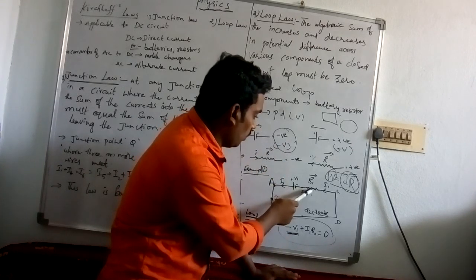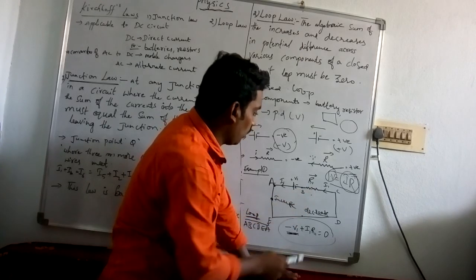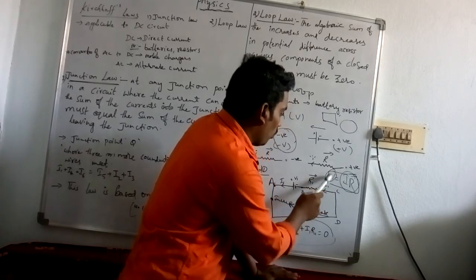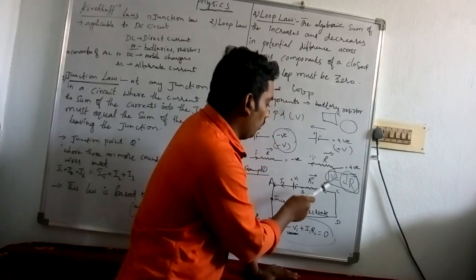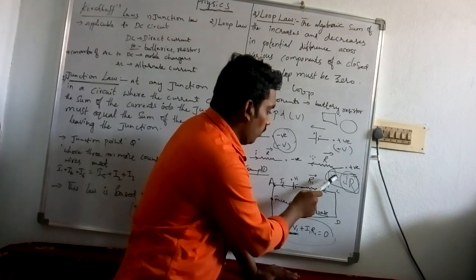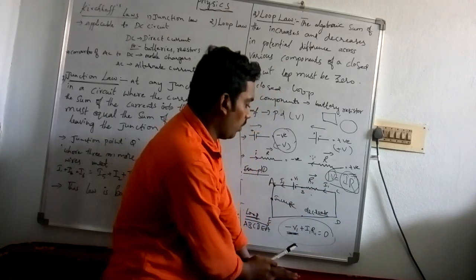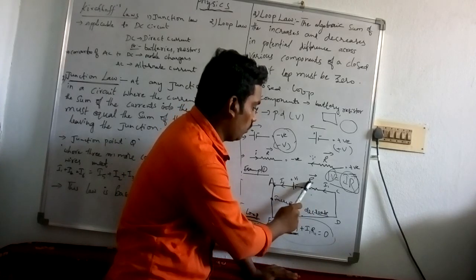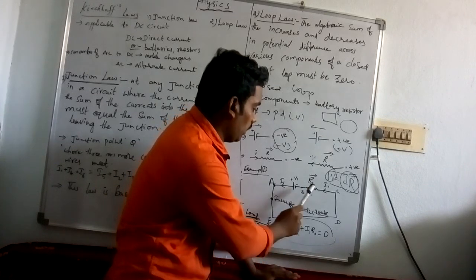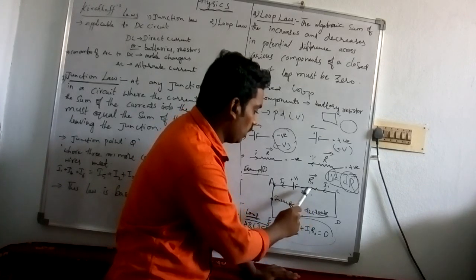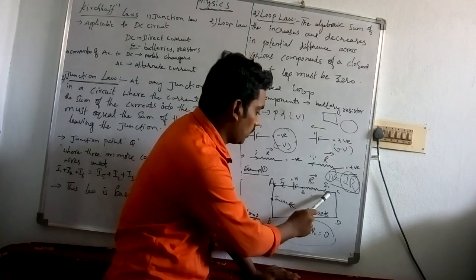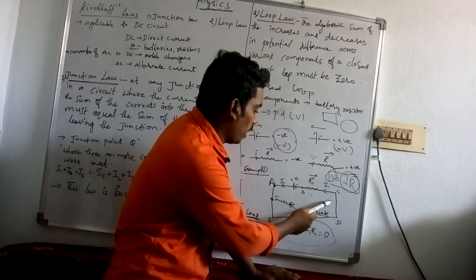Next, current and resistance. Actually Ohm's law: V equals IR. The relation between potential difference and I and R is V equal to IR. It's Ohm's law. From this, the potential difference is I into R. Here the current is in this direction, and the resistance direction is opposite to the current direction.